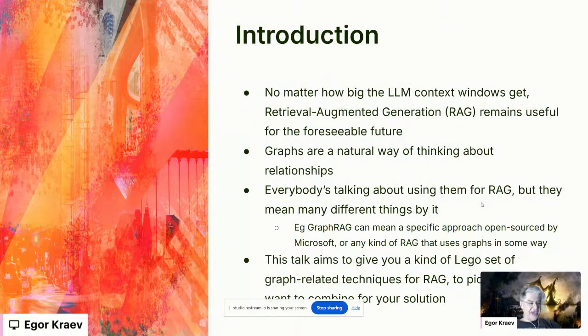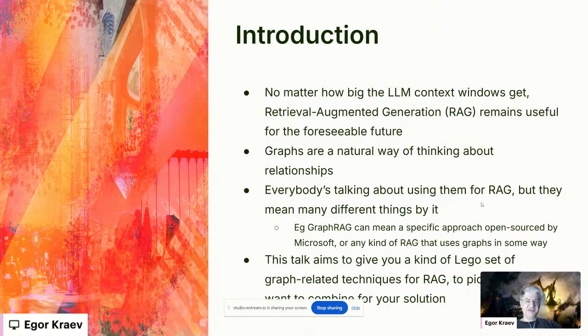If you've been following the topic of retrieval augmented generation at all, I'm sure you've heard the term graph RAG. No matter how big context windows get, for the foreseeable future it will still be useful to first retrieve data that you think might be relevant and feed that to the LLM. And how do you define relevant?